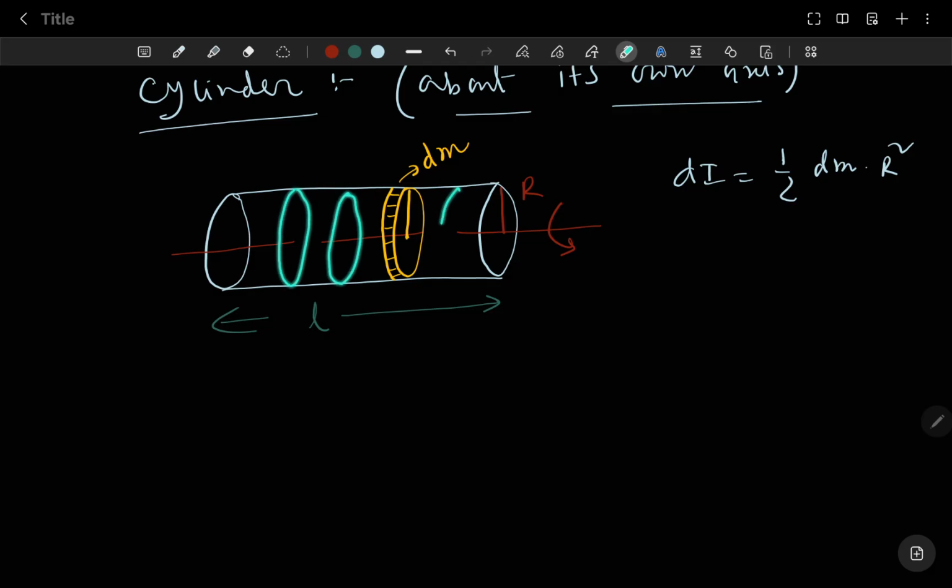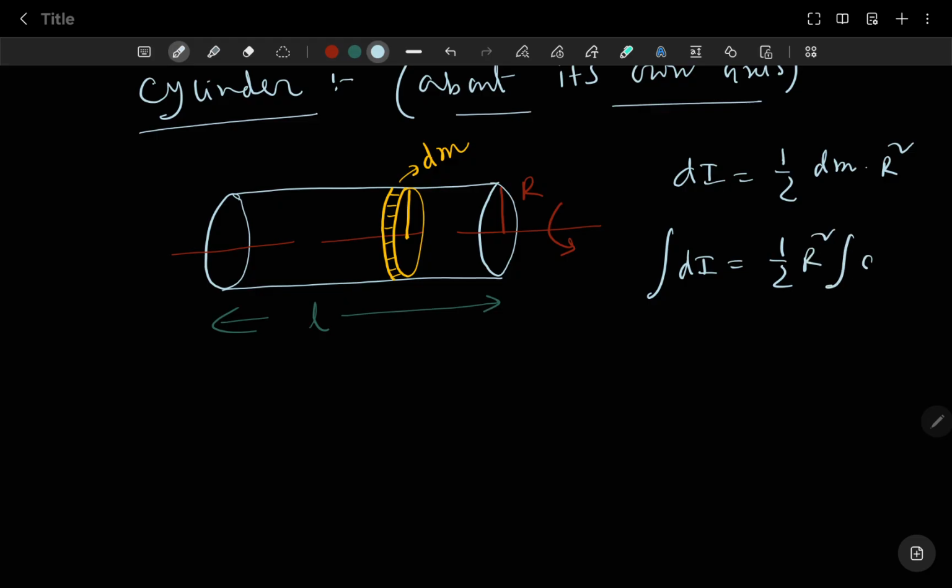The moment of inertia of the entire cylinder will just be the integral. So integral dI will be half R square, which is constant, times integral dm. The total mass of the cylinder is capital M, so I equals half M R square.